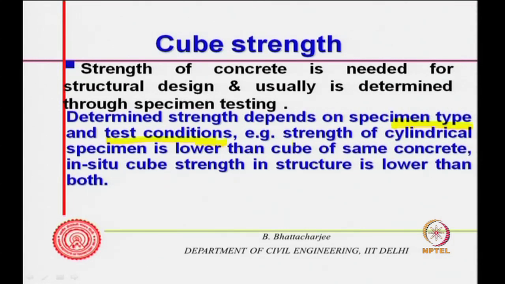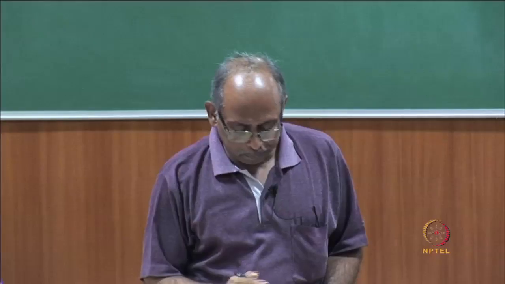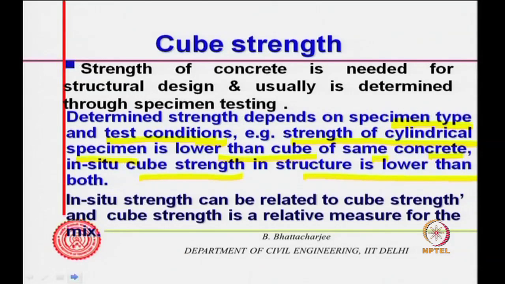For example, strength of a cylindrical specimen is lower than a cube of the same concrete, and in situ cube strength in the structure is lower than both. So, you see, it depends upon the type of specimen you test. In Indian scenario, we do test cubes, and that is why the heading is cube strength.